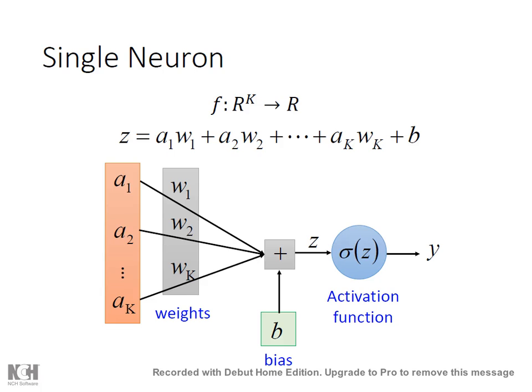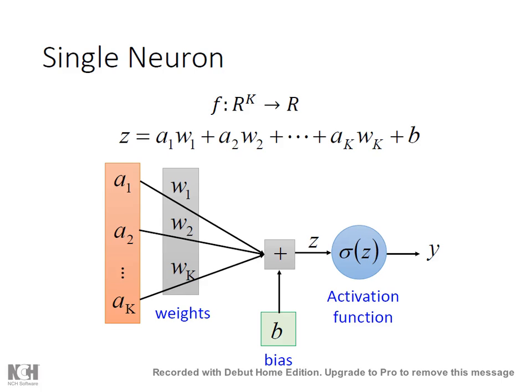Then next, sometimes C will be very large or very small, so we throw in an activation function to normalize it. Usually we normalize it into, for example, 0 to 1. So with this activation function, the final output Y is our output.